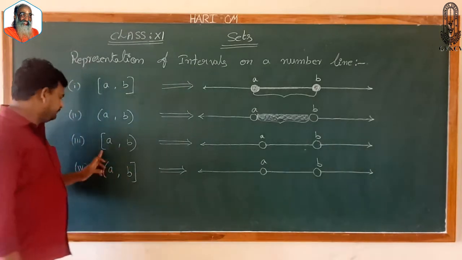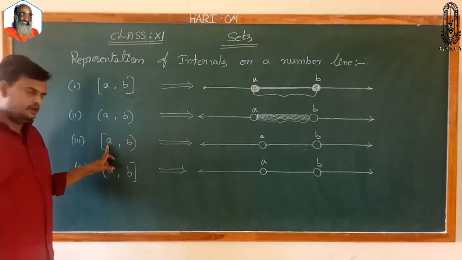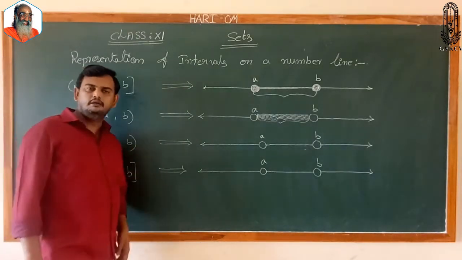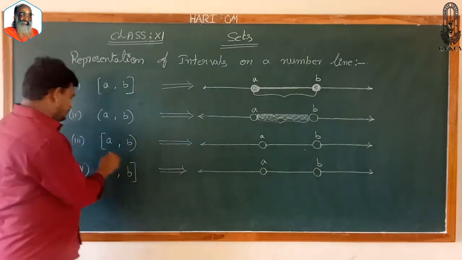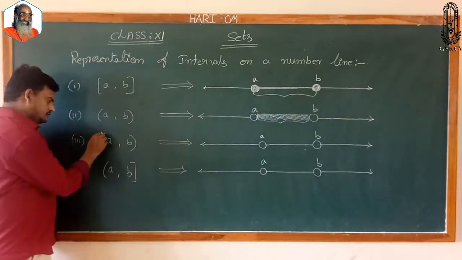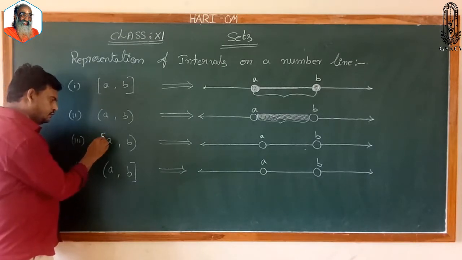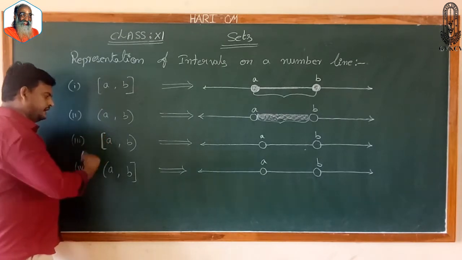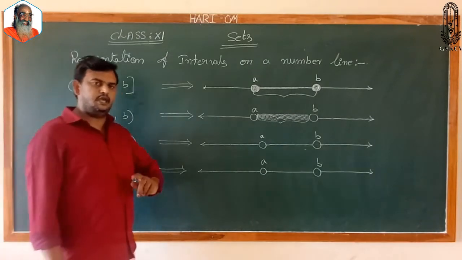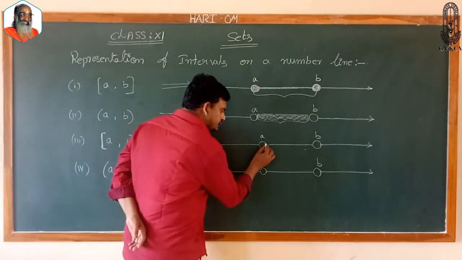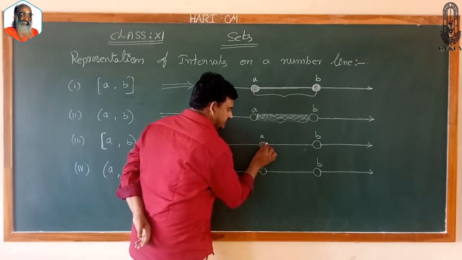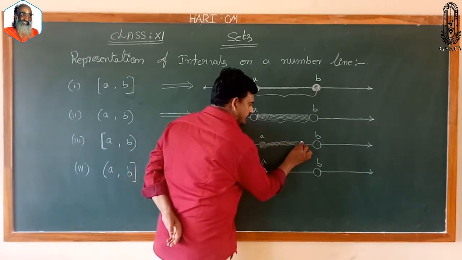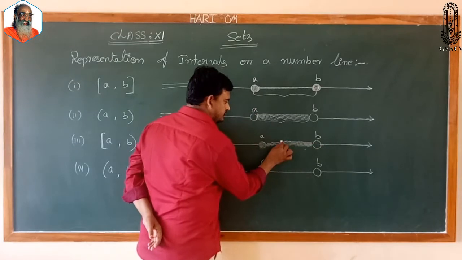Now the next one, closed to a, open to b. Here we have a closed bracket at a. Closed bracket means including a. So, starting with a and up to b.